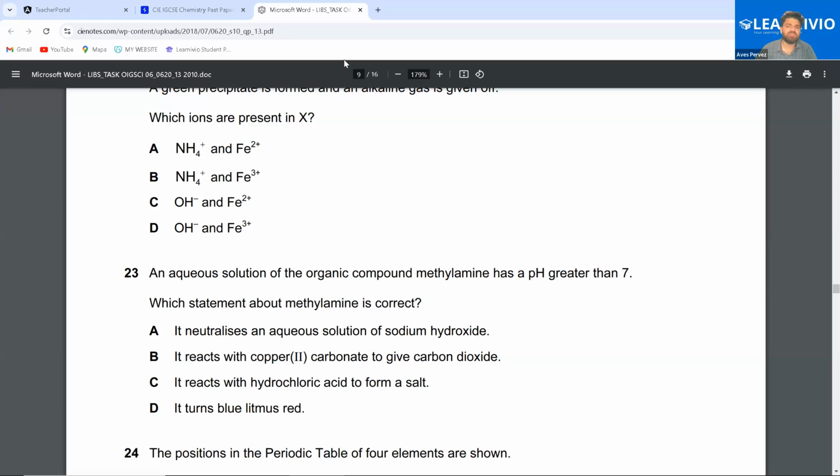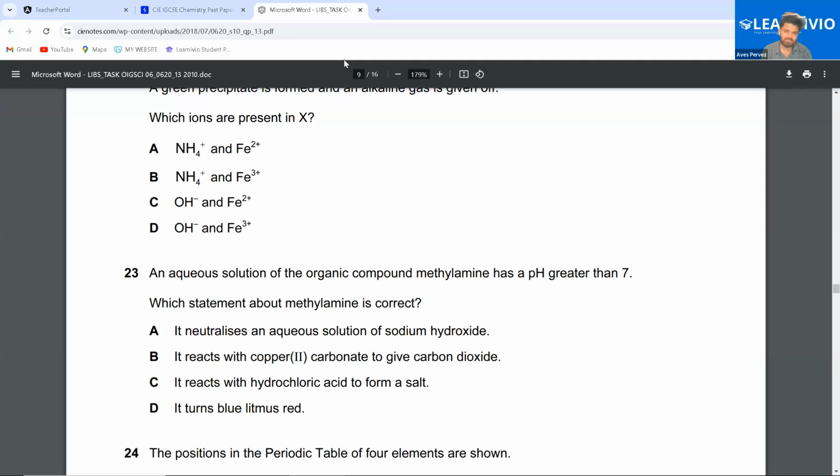This is about pH greater than 7. It neutralizes aqueous sulfate. Sodium hydroxide is a base, hydroxide OH. It reacts with copper(II) carbonate to give carbon dioxide.